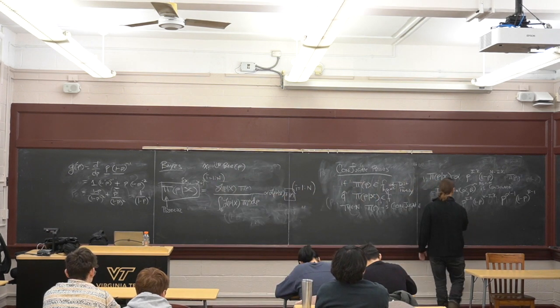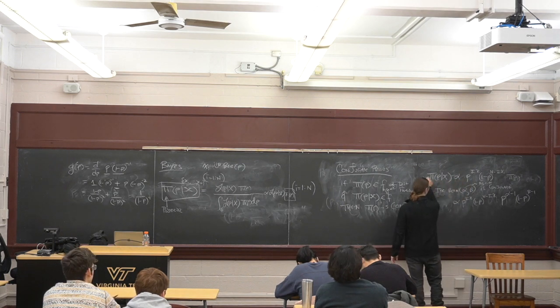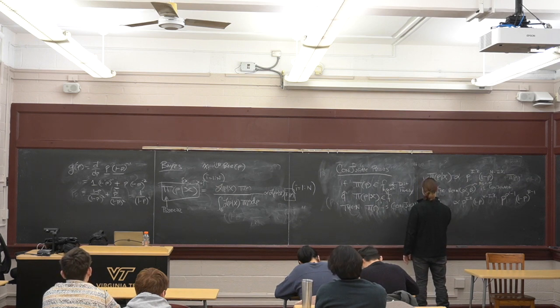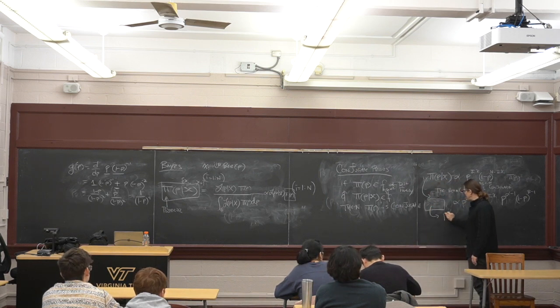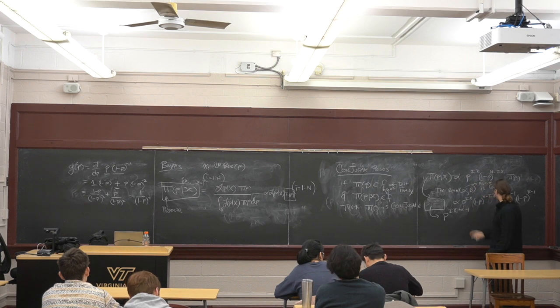And so this thing right here, over on the left-hand side, is just p to the sum of the xi's plus alpha. Let me give myself a little bit more room. This is p to the sum of the xi's plus alpha minus 1.